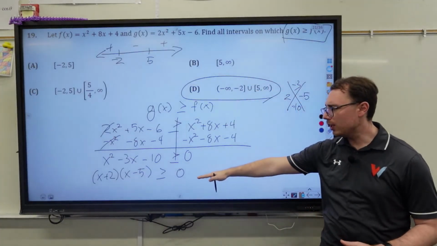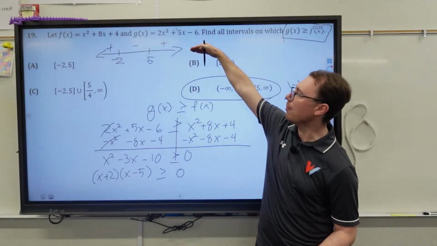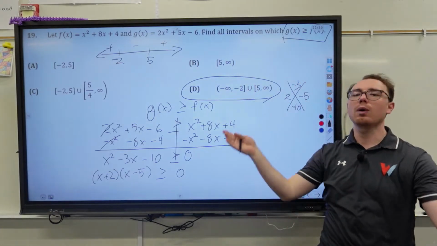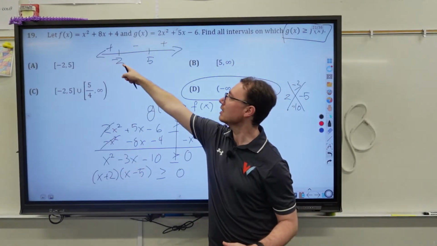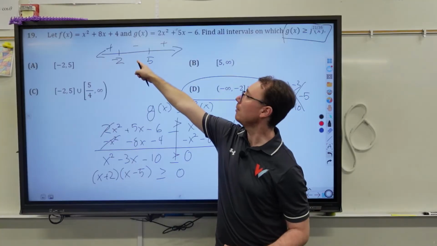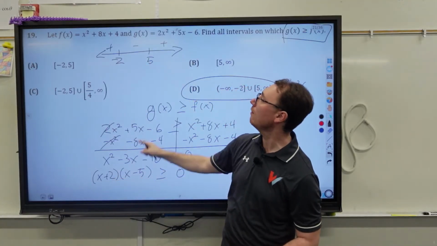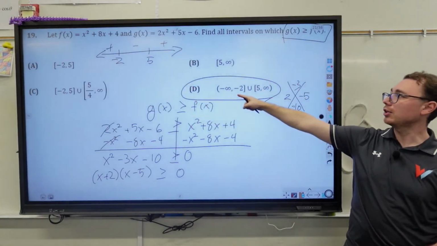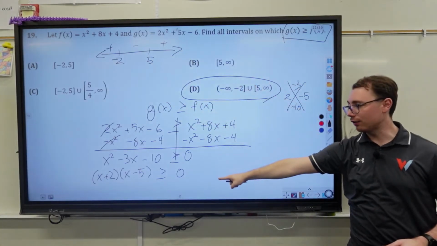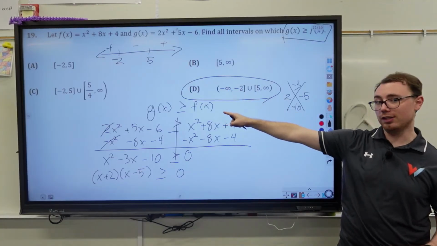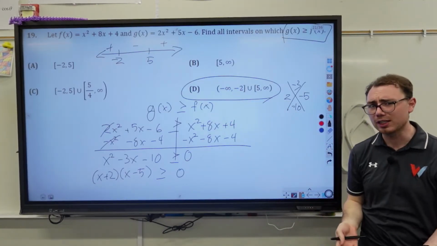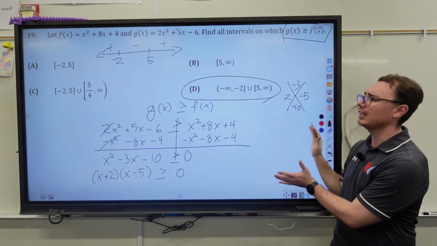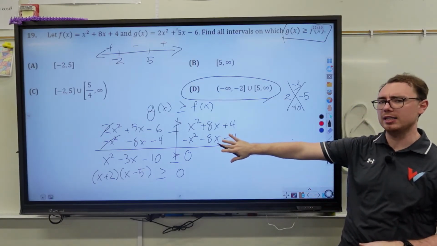Once we're at this point, we're then able to make that number line chart where we plug in some random number that's past negative 2, that's 0, in between negative 2 and 5, and then past 5 to make that polarity chart. And then we're able to describe that this here is the answer for this inequality, which is the answer for this inequality. I know I kind of recovered that there, but I wanted to have a clean take of me explaining out 19.